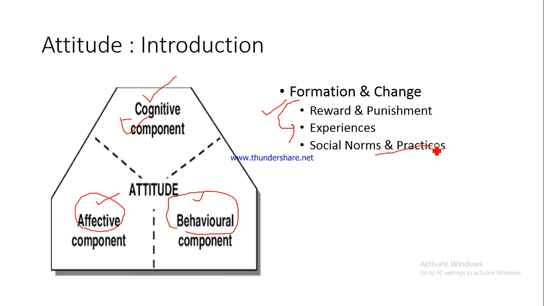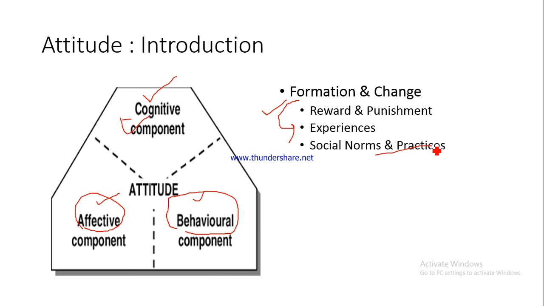Now this is the practice here, and naturally people who marry twice, thrice, people in the society would start having a negative, unfavorable attitude towards these people who marry twice or thrice. But that would not be the case in Western society, American society. Why? Because of the social norms and practices here. Is this making sense? Right.